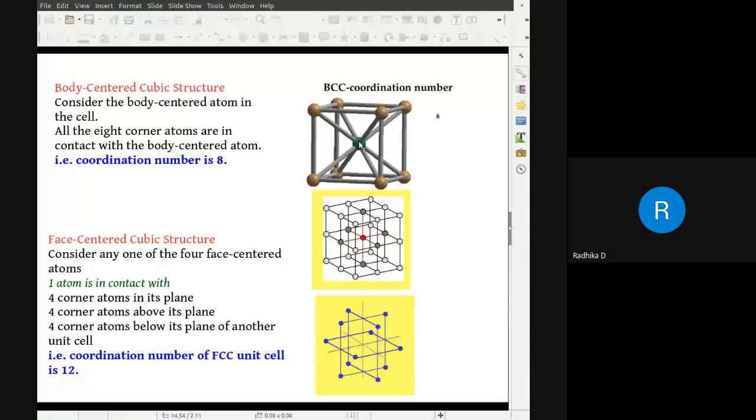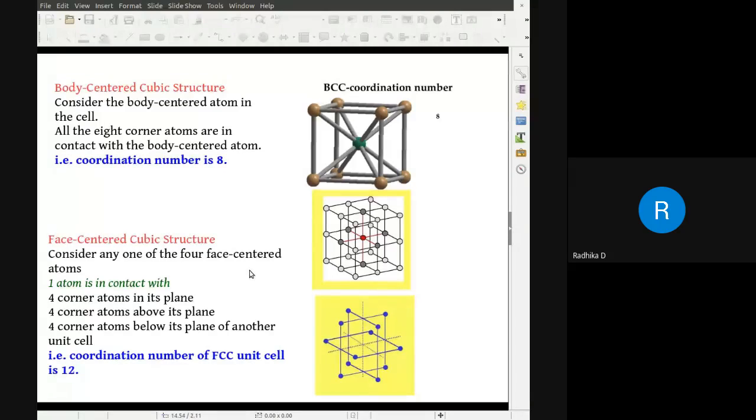This is the simplest, because this green one is closest to all these corner atoms. 8 corner atoms are there, and all of them are at the shortest distance with respect to this body-centered atom. So coordination number is 8 in case of body-centered cubic.